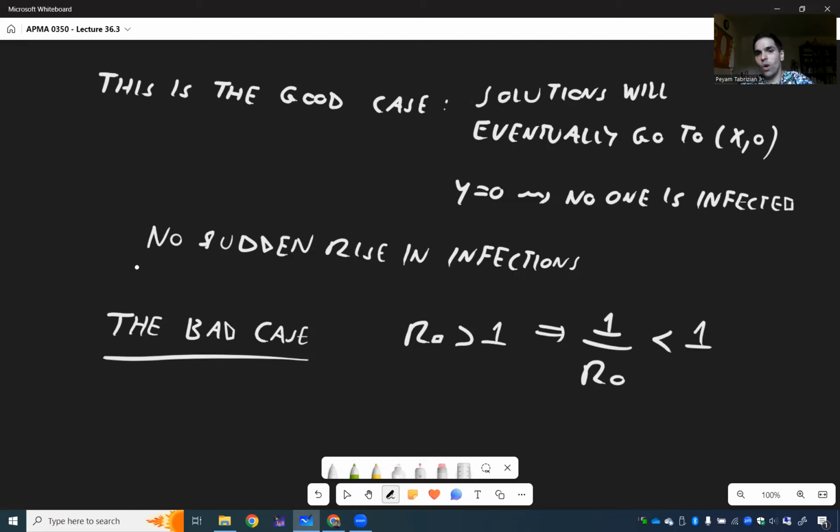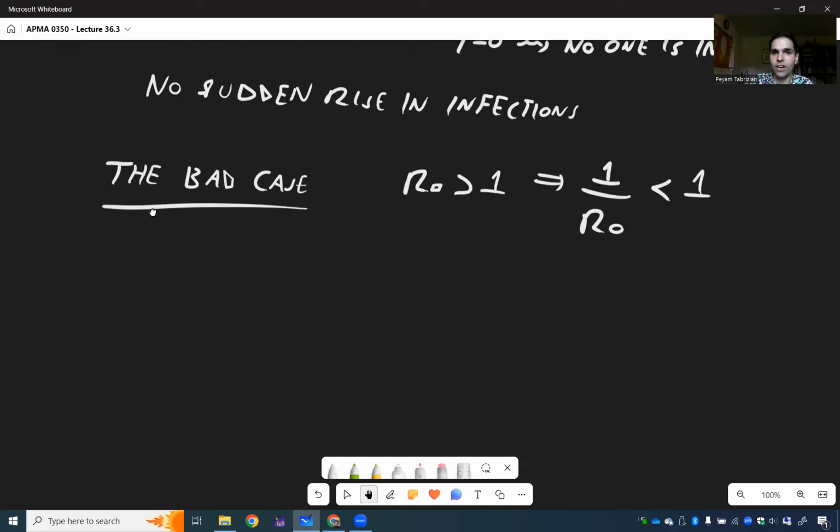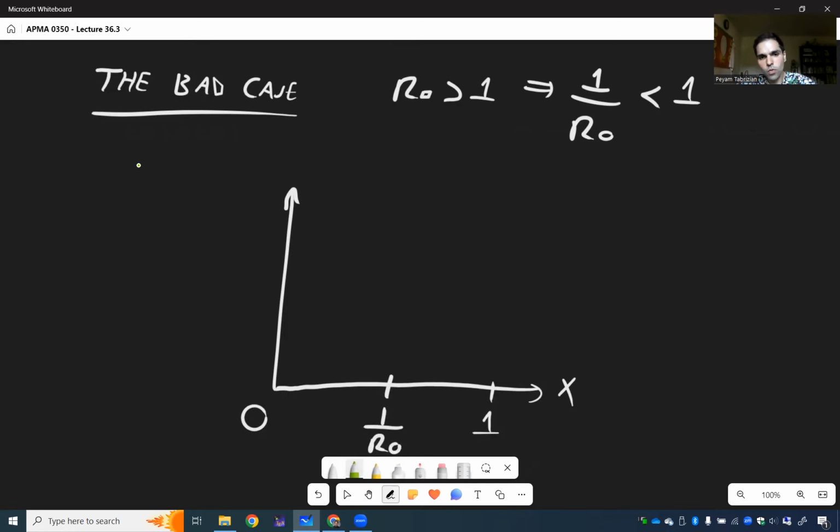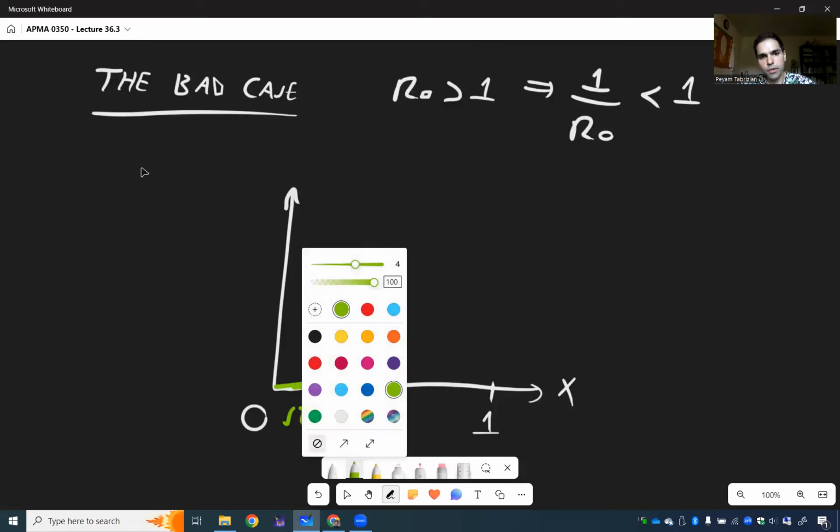So in this case, 1 over r naught is less than 1. And in this case, we do see the instability. So this is x, 0, 1, and then we have 1 over r naught, where on the left it's stable, but on the right it's unstable.